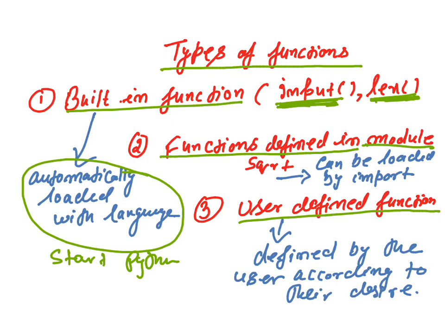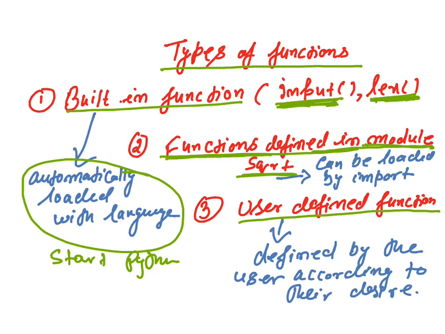The second type is the functions defined in modules. As we discussed in class 11, some functions we have to use with an import statement. With the import statement, you have to import that particular module from the library into your program. For example, the sqrt function cannot be used directly.